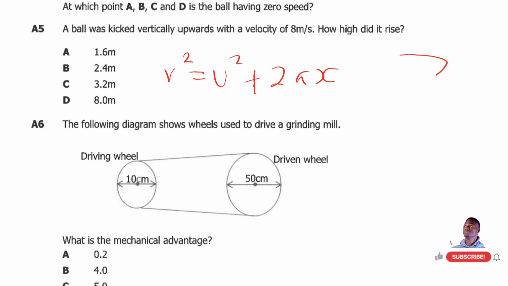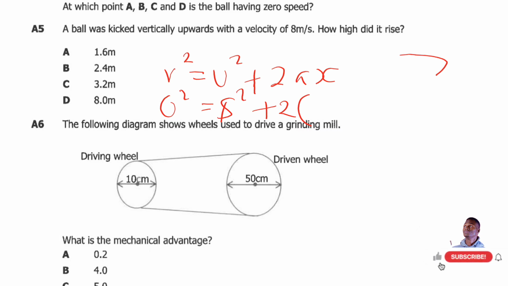So it will be 0 squared equals the initial velocity, which here is 8, so 8 squared, plus 2 open bracket, a. Now a is acceleration due to gravity.